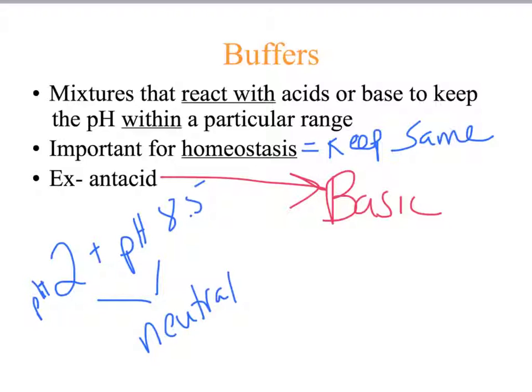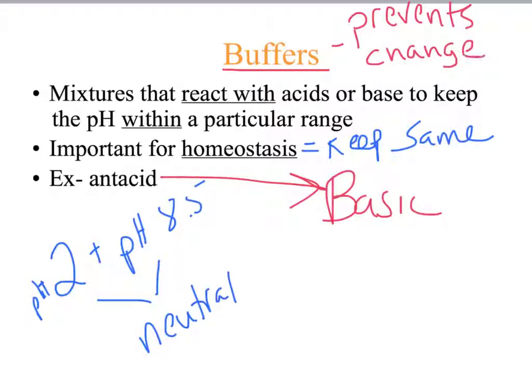A good analogy is how we use the term buffer in everyday language. Sometimes we'll say that somebody or something is acting as a buffer. One way to look at a buffer is as something that prevents change. So if a buffer is preventing change in acidity, then it's preventing the pH from changing. In everyday language, when we say that person's acting as a buffer, it means they prevent the conditions of whatever you're talking about from changing.